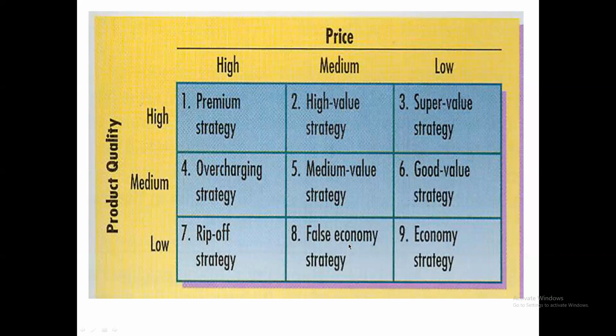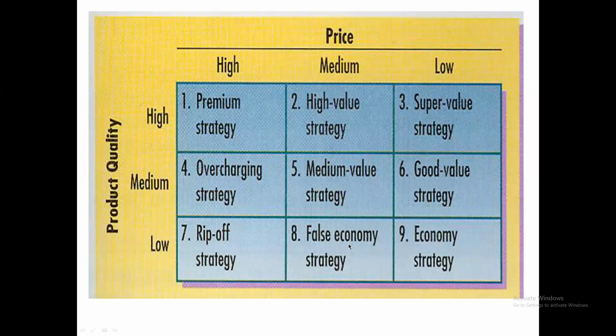And it is like a win-win situation for the customers, obviously. But if the product quality is very low and the price is very high, that is called the rip-off strategy. We are ripping off the customers by our prices. And that is a very false strategy. This strategy will not benefit us at all.